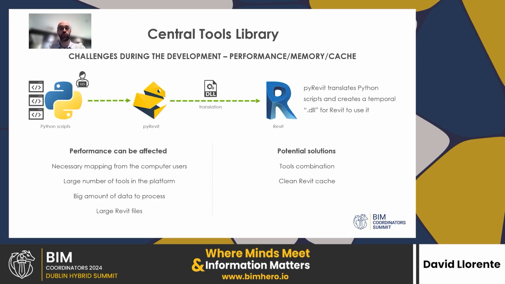I mean, the computers need to connect to a central location in the server, and that was taking more time. Additionally, the projects that we are dealing with are very big, which could make the tools slower than expected. There are mainly two solutions for that. On one side, you can combine the tools and improve the code, make it more efficient, or you can clean the Revit cache from time to time.